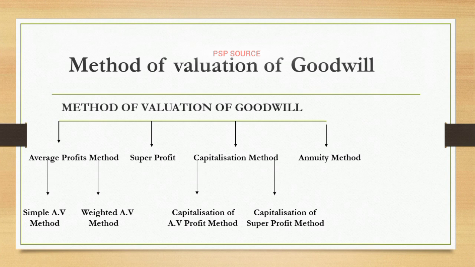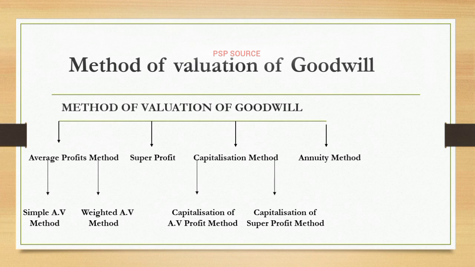Next, I have prepared a chart of methods of valuation of goodwill. There are four main methods of goodwill. First, the simple average method, which comes under the average profit method. The average profit method has two sub methods, that is the simple average method and the weighted average method. The second method of goodwill is super profit.